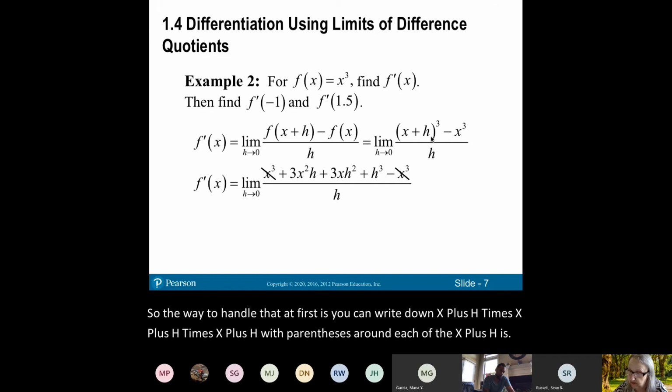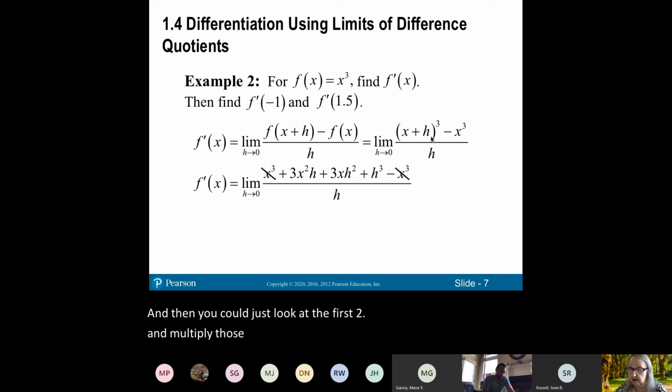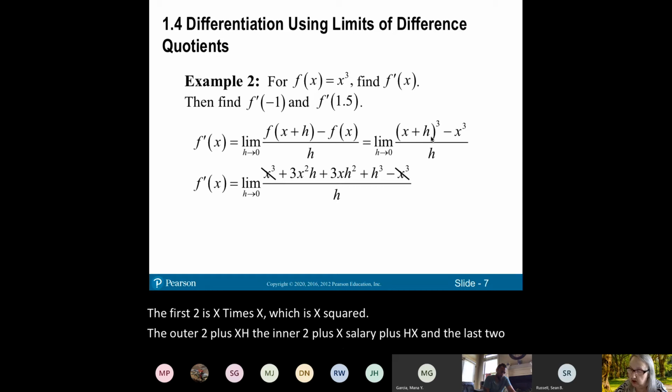And then you could just look at the first 2 and multiply those together using FOIL because we have 2 terms times 2 terms. If we multiply those together using FOIL, the first 2 is x times x, which is x squared. The outer 2 plus xh, the inner 2 plus hx, and the last 2 plus h squared.